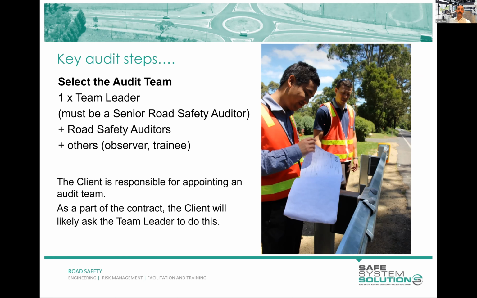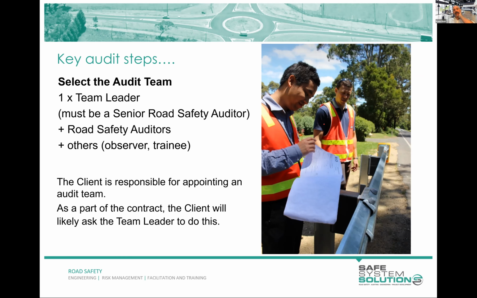Observers would be people who are providing specialist input, maybe very specialist road safety barrier input, like the photo there, where an observer is giving very specific information about these types of end terminals and how they function. They're not going to be involved in the whole audit, they're just providing that specialist information.